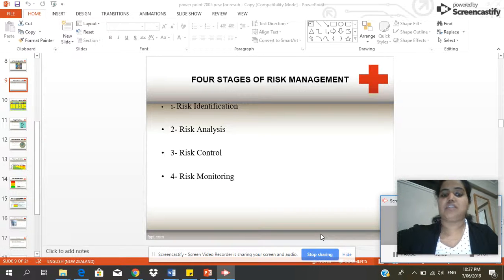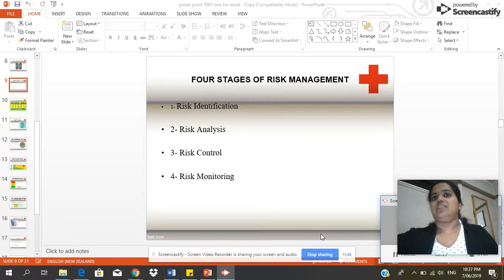Then the fourth and last step is risk monitoring. Risk monitoring should be done in order to achieve the expected result of a risk management process. We are expecting this is our result.